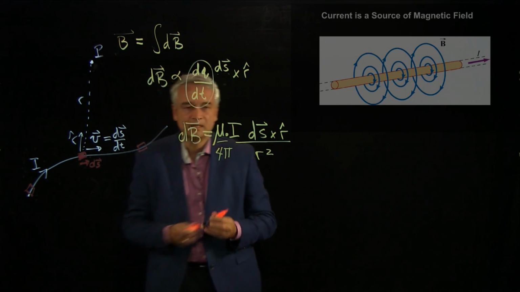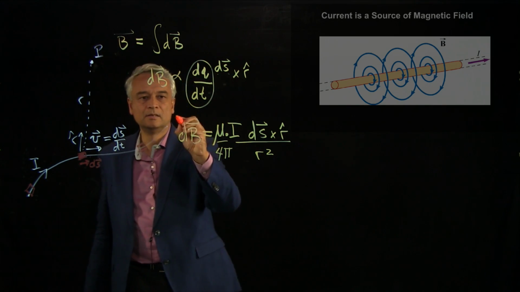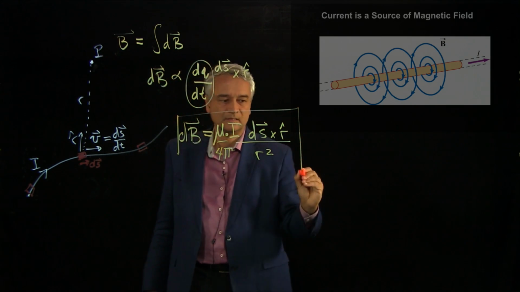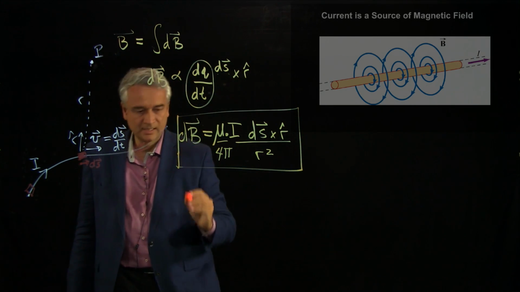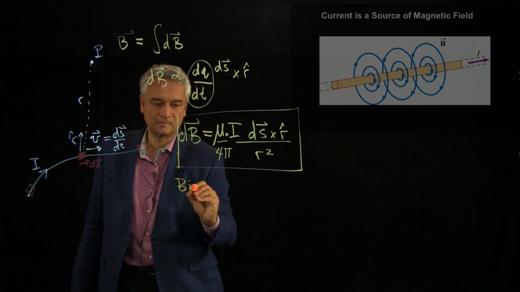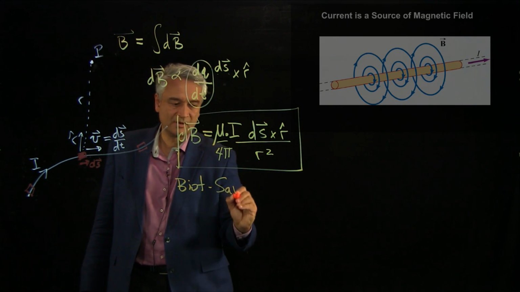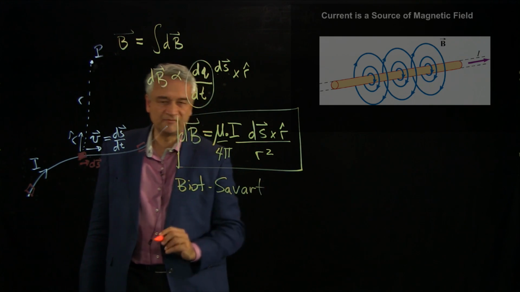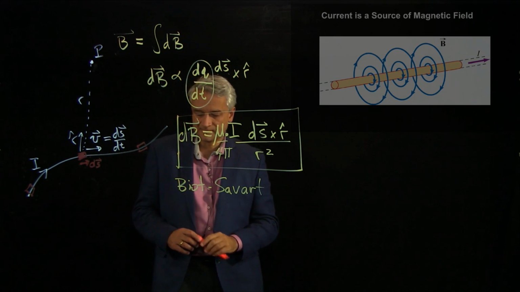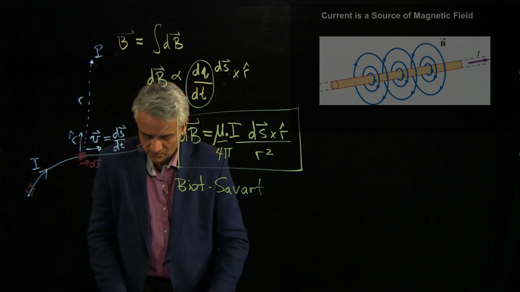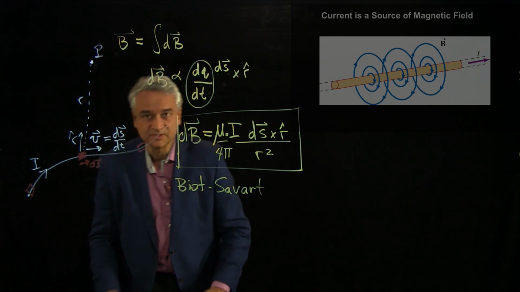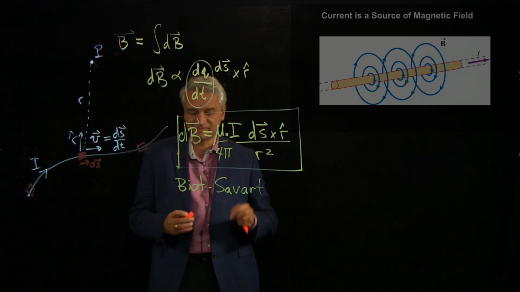And this is called the Biot-Savart law. Named after two 19th century physicists who were among the early pioneers of electromagnetism.